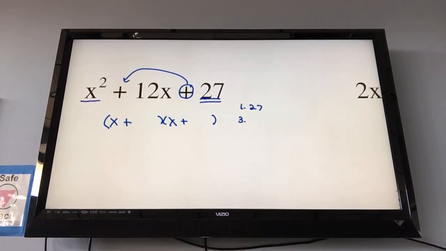I only have two options. And then the option I'm looking for needs to give me that 12 in the middle. So 9 and 3 or 3 and 9. It doesn't matter which one comes first. So remember, this plus this has to equal that. So positive 9 and positive 3 equal positive 12. And that's how I know I'm right.